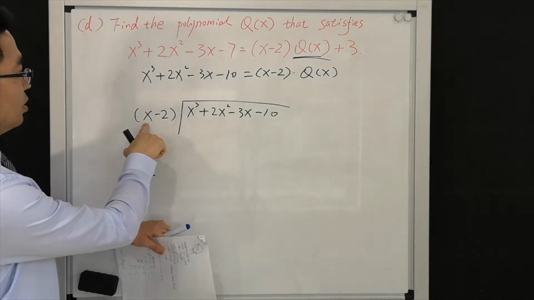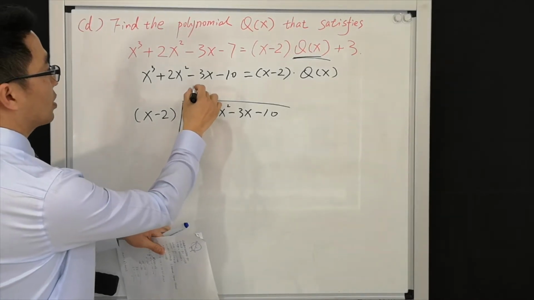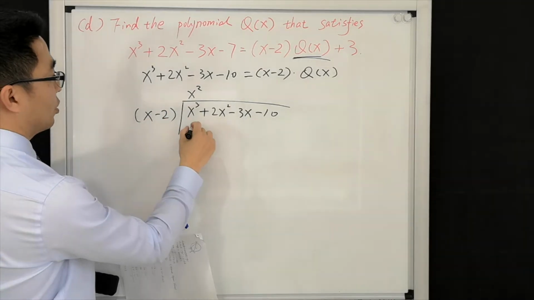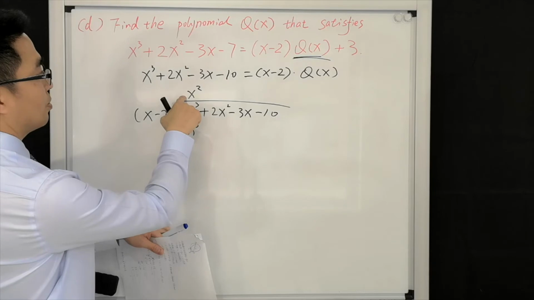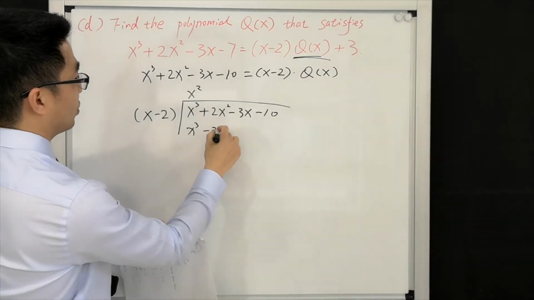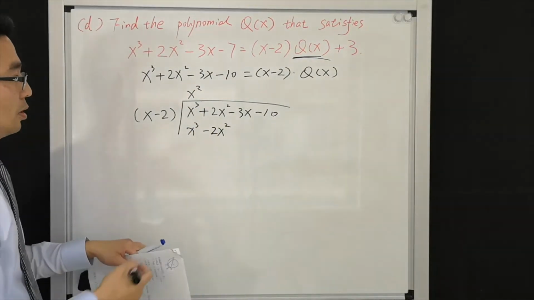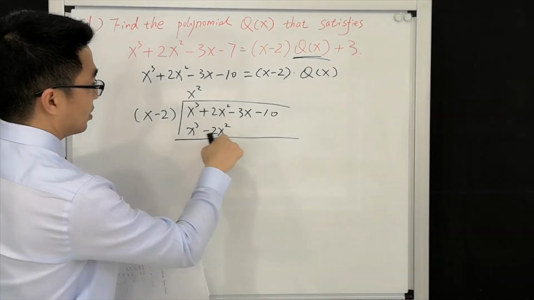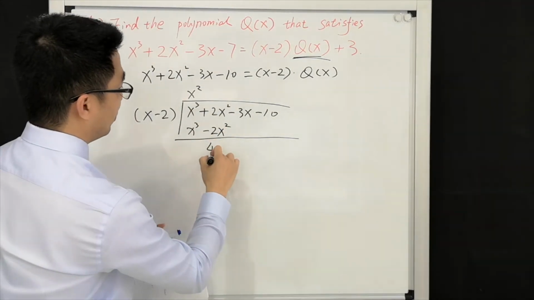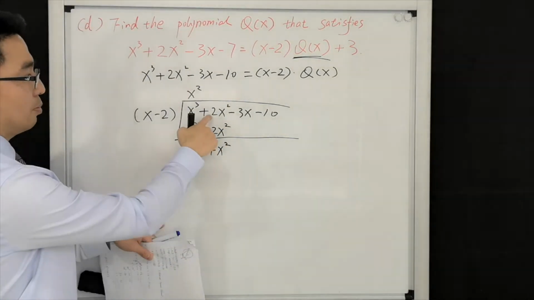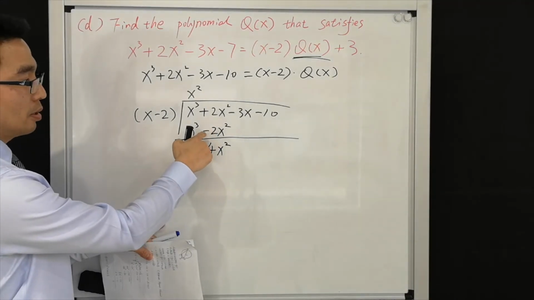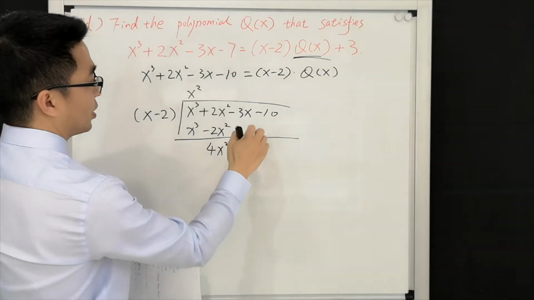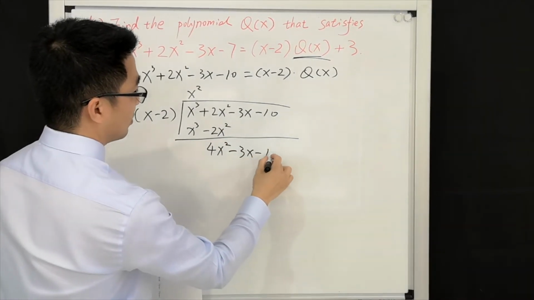So for x cubed, we need to multiply by x squared. x times x squared gives x cubed. Negative 2 times x squared gives negative 2x squared. This line minus this line is 0. Positive 2x squared minus negative 2x squared gives positive 4x squared. Then we bring these 2 down over here.